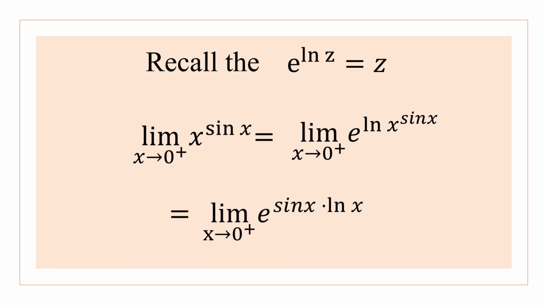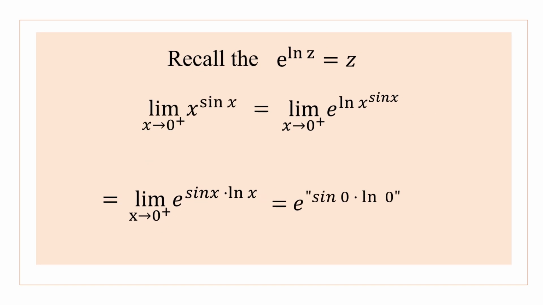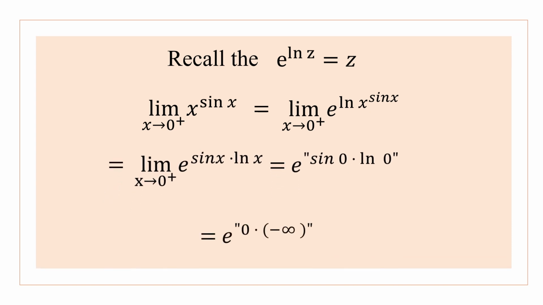To substitute the value of x, which is 0, we first need to exchange the position of ln x and sine of x. In order to do that, we simply need to multiply them. And then we substitute the x value, which is 0. And then we get the answer, e raised to 0 times negative infinity, or simply indeterminate.